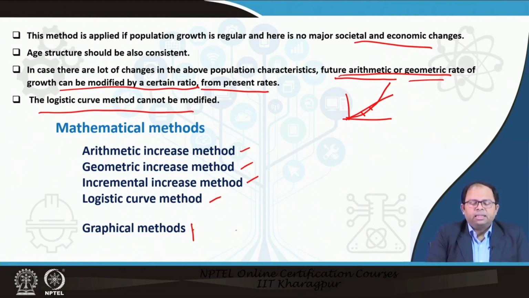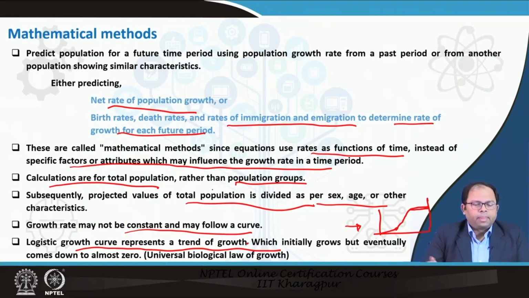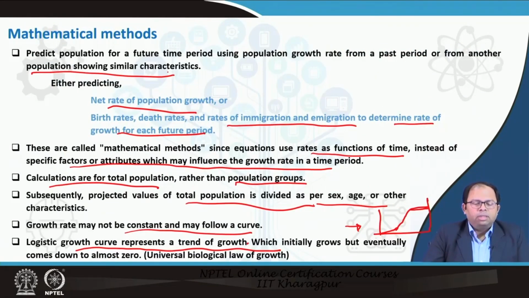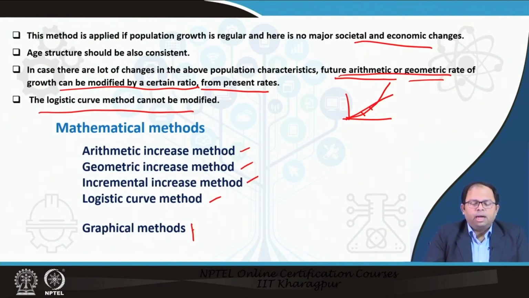We can say that it is similar to these kinds of methods, where we just extend the previous growth. And we can also take the population from other urban areas, and following that we can model the growth in a particular urban area.